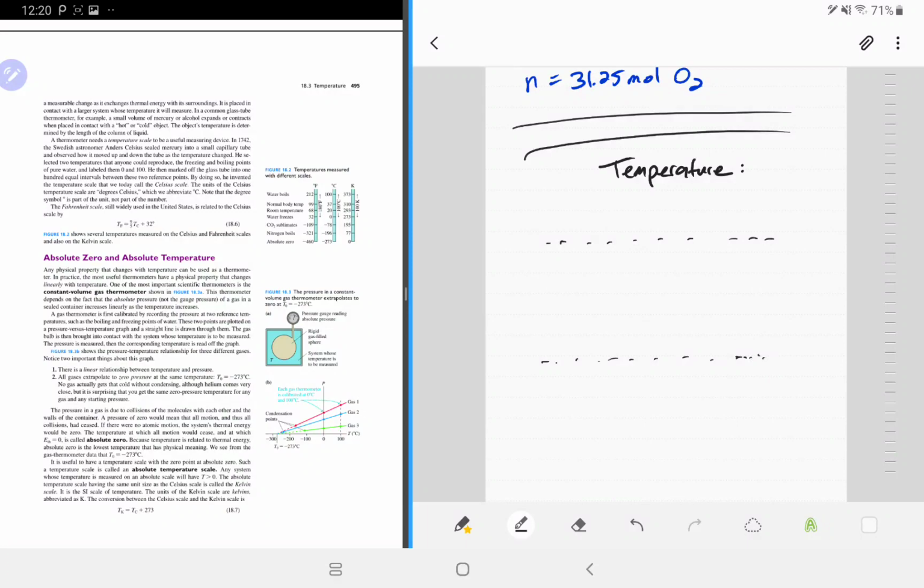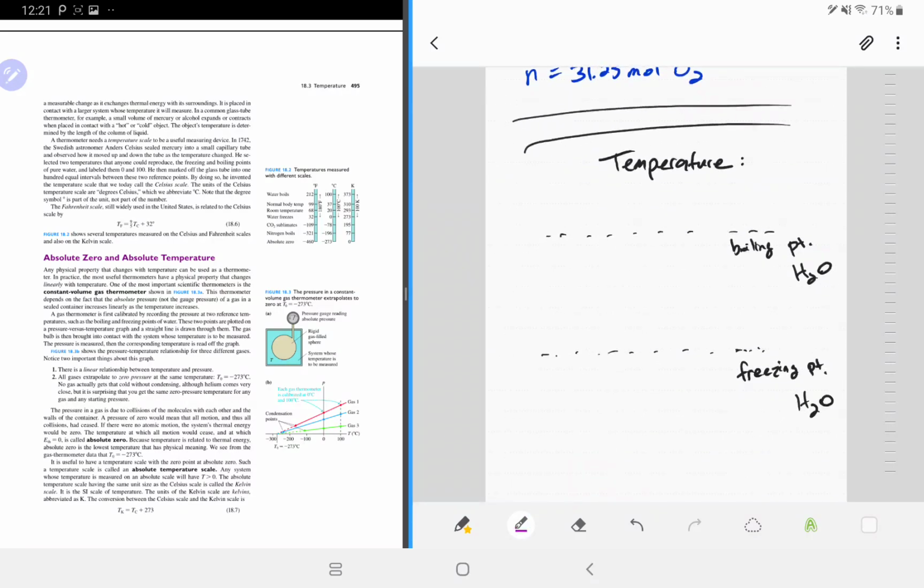To define either the Celsius or the Fahrenheit scale, if we knew what numbers correspond to the freezing point of water and the boiling point of water, then we would have our temperature scales defined. So the boiling point of H2O and the freezing point of H2O. We're going to talk more about phase changes later on, but H2O is the chemical composition for ice, for water, for steam. So these transitions happen at particular temperatures.